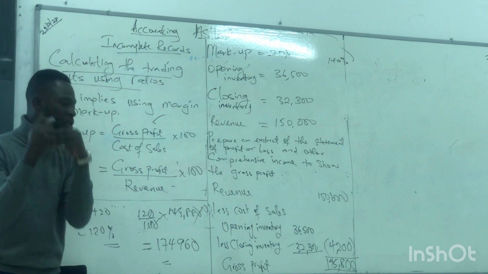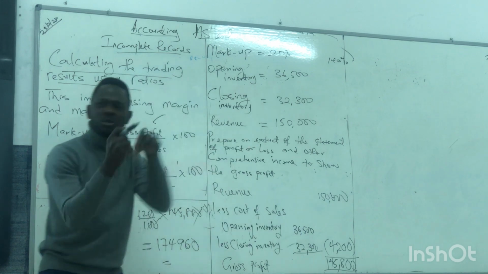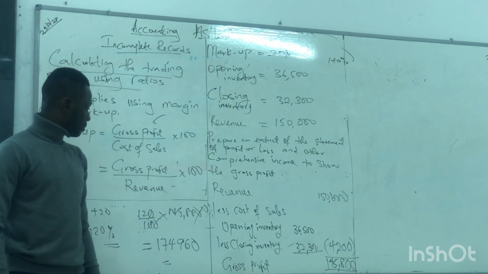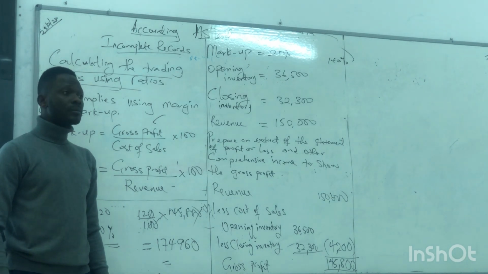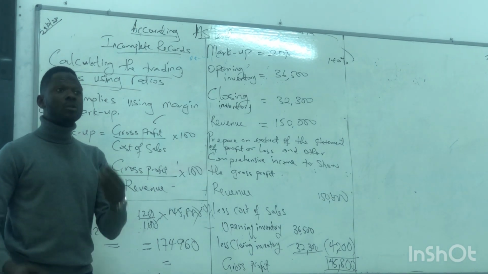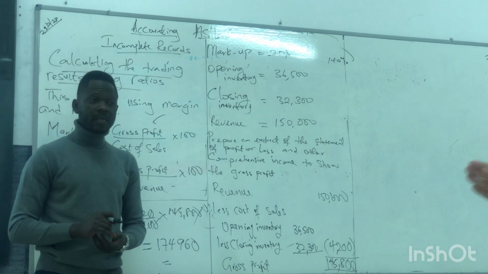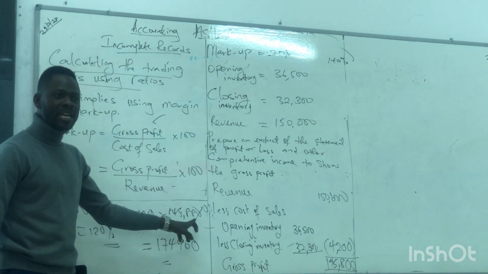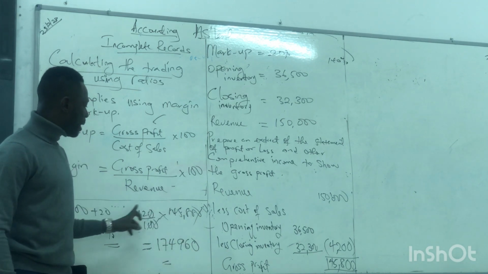So how do we get the figure now? This minus this tells us the actual figure that it increases. 14,580 multiplied by 12 gives us this.